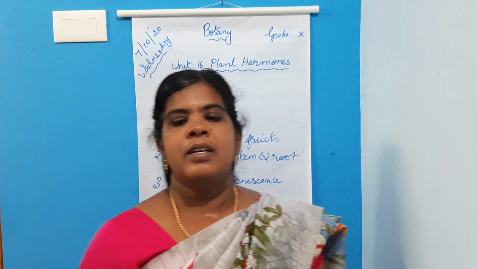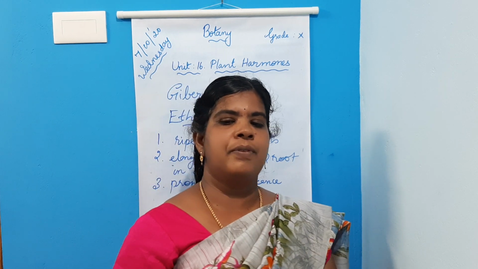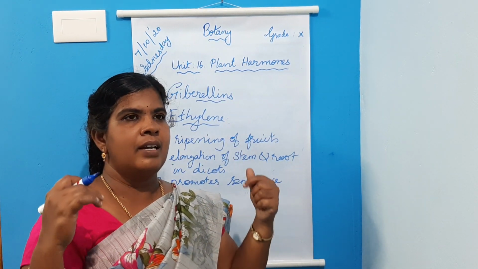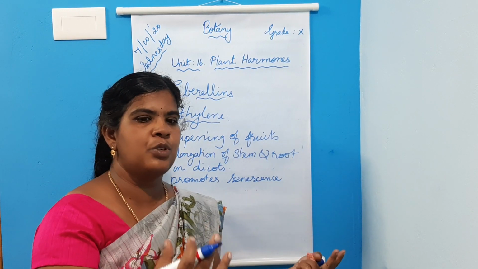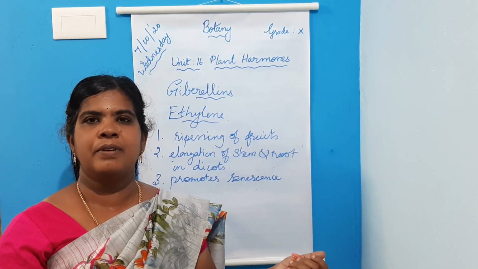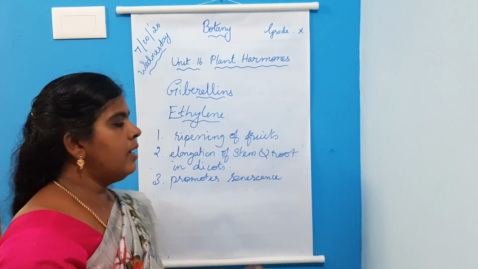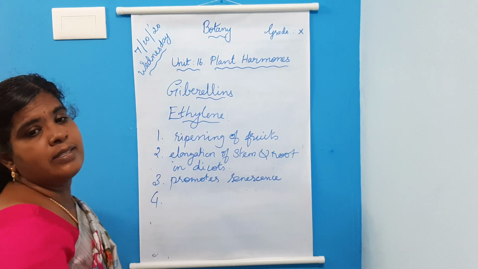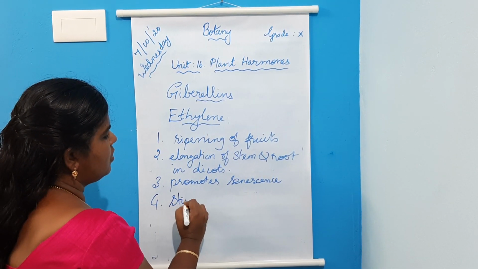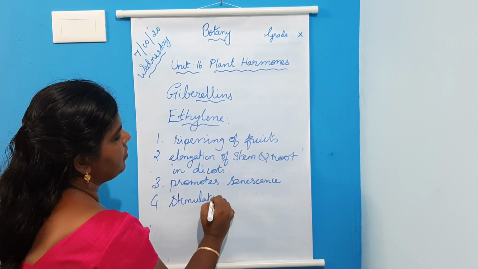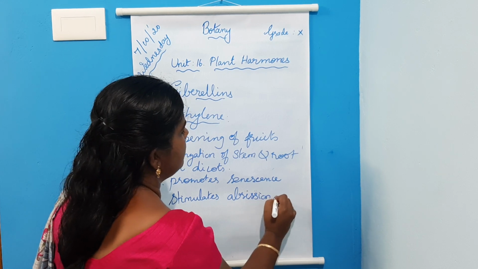Next, it stimulates the formation of abscission zone in leaves, flowers and fruits. This leads to premature shedding, before they attain maturity. These leaves, flowers and fruits fall down from the plant.